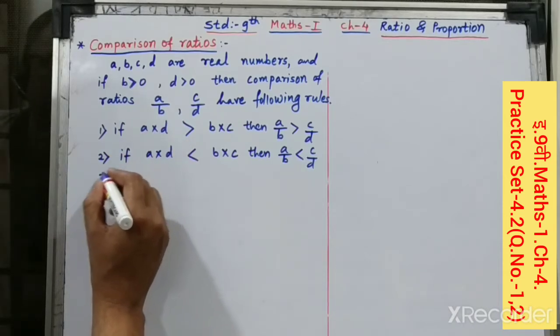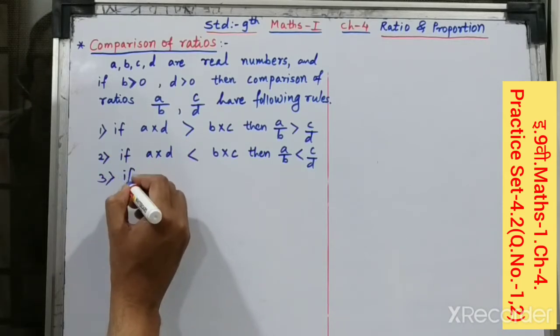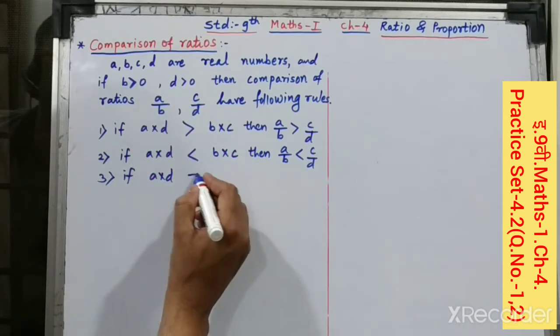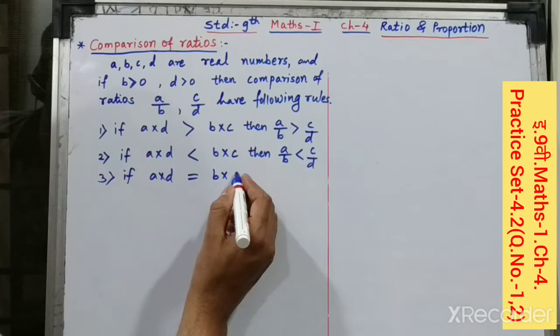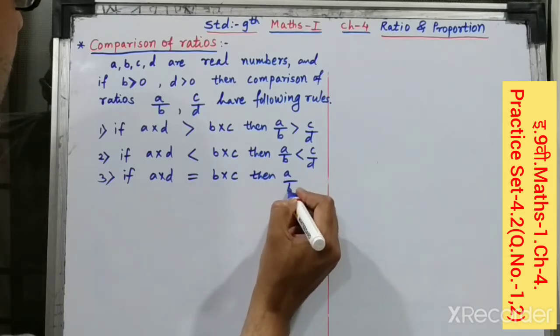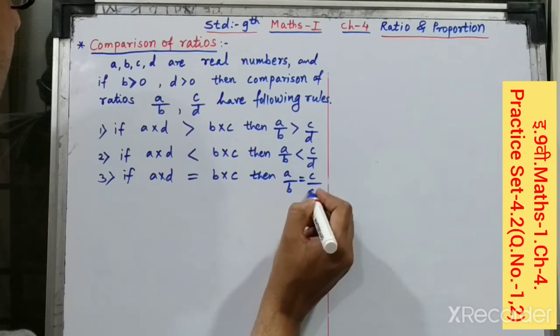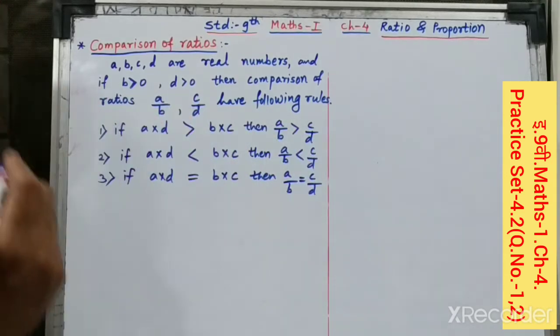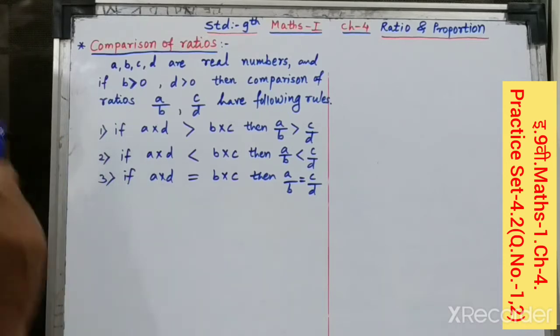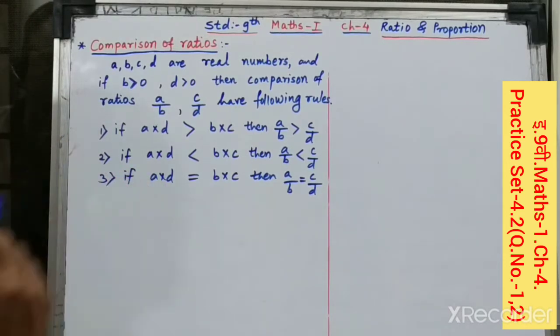And the third rule is: if A into D, the product of these two numbers, is equal to the product of B and C, then the two ratios are also equal, means A upon B is equal to C upon D. So these are the three rules or three properties of comparison of two ratios.